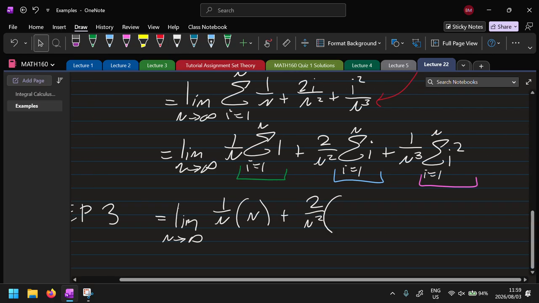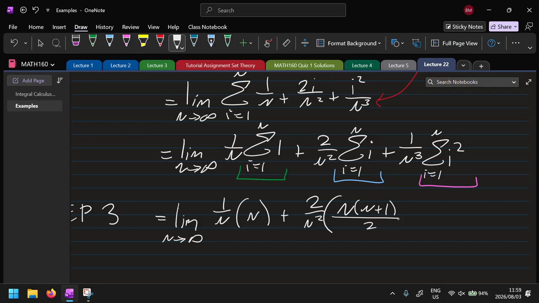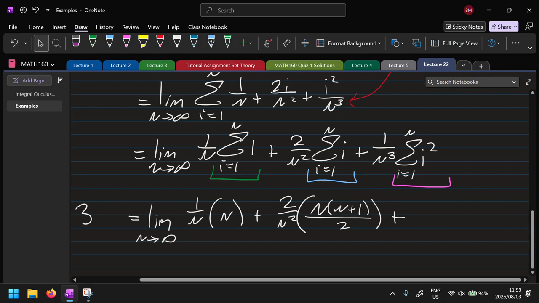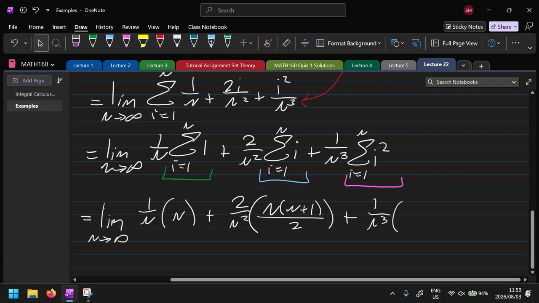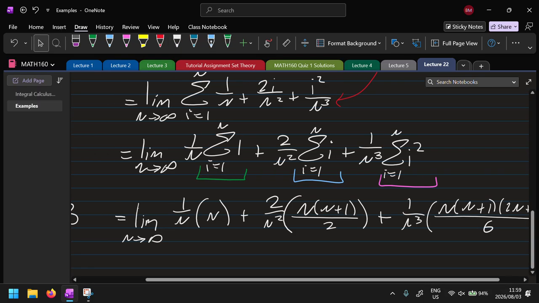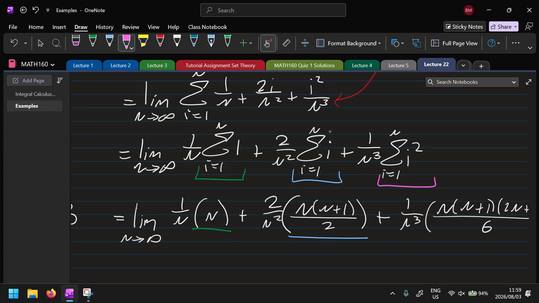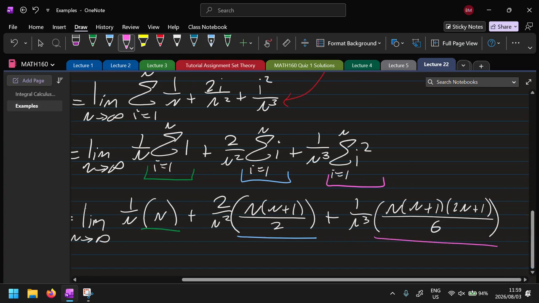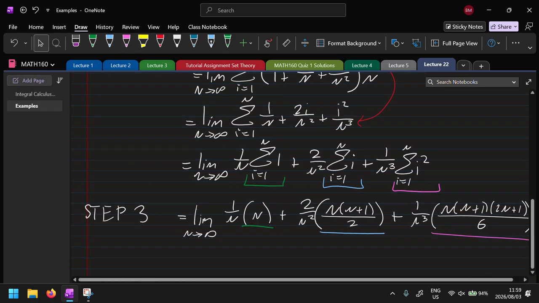The sum of i, we replace that. And the sum of i squared, we replace that. So again, the green underlined, that became this. The blue underlined, that became that. And the pink underlined, that became all of that. Just a replacement from what we know.